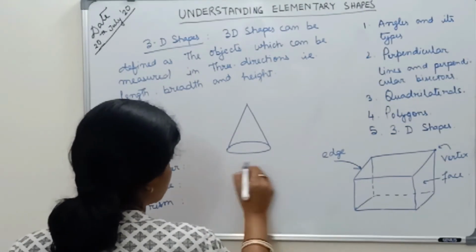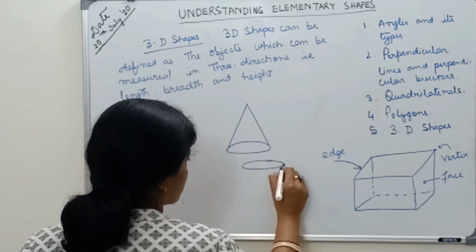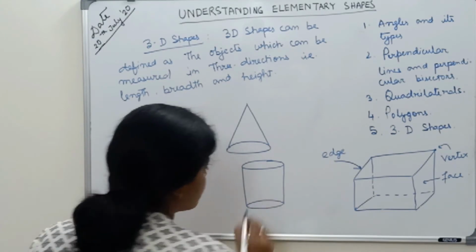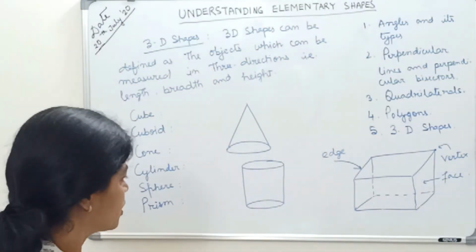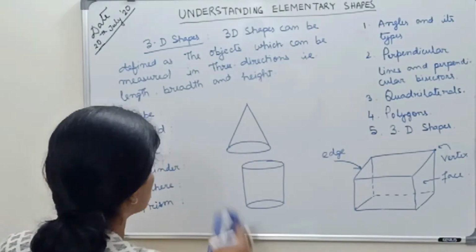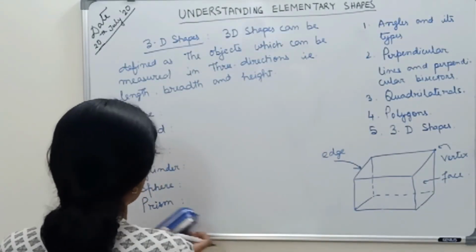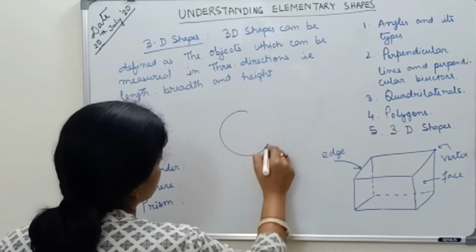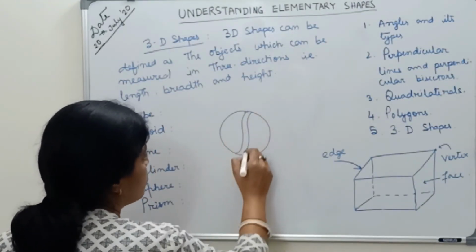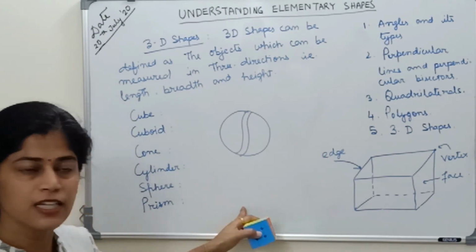Now what is a cylinder? This is a cylinder. This is also three-dimensional. It has length, breadth, and width. Now, what is a sphere? This is a circle. Now, to make it, consider it as a ball. So, this is a sphere.